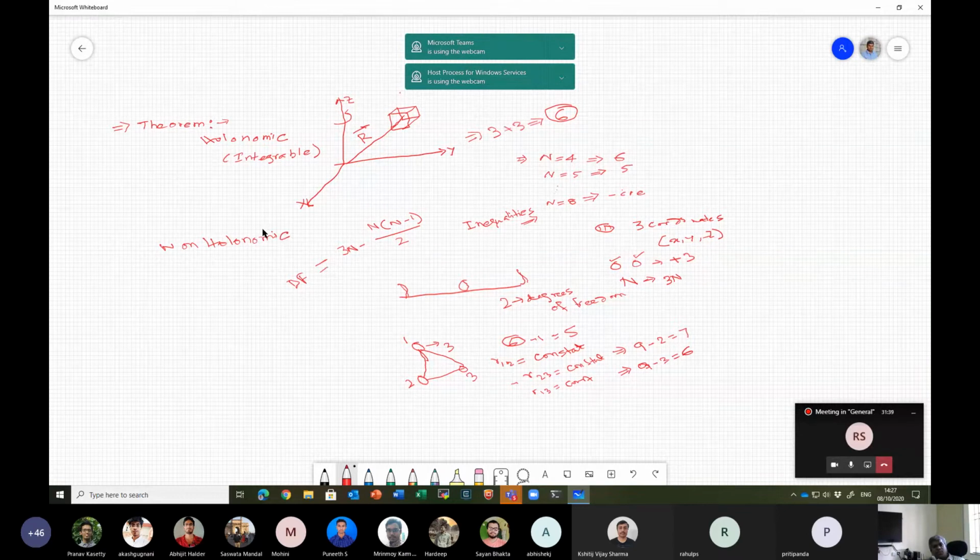So these are two very important constraints. We are going to discuss and use these terms in the entire classical mechanics class.